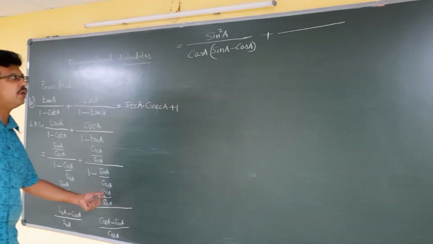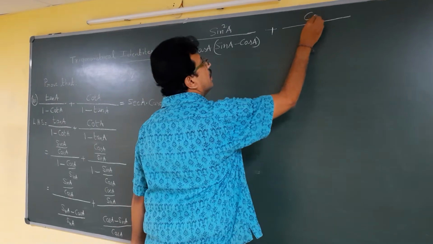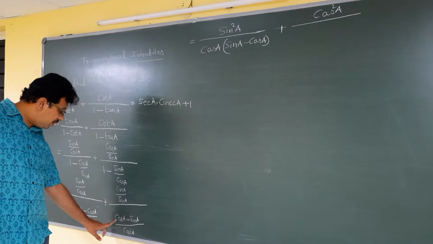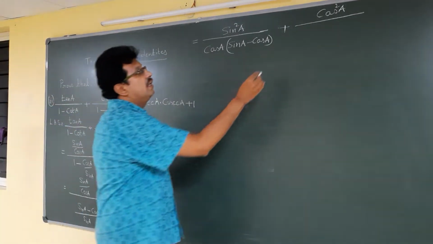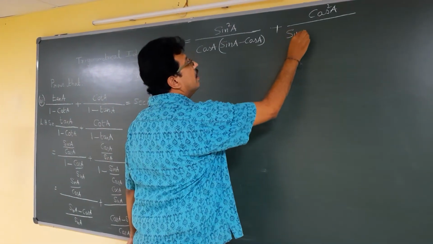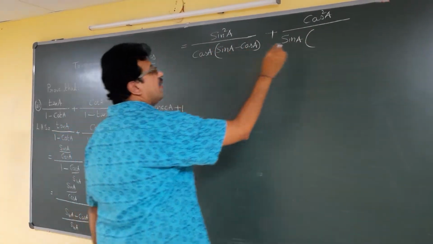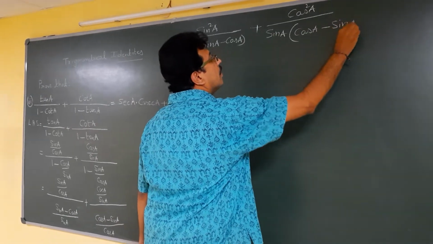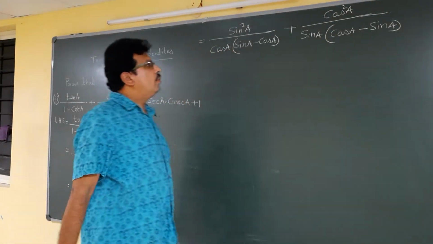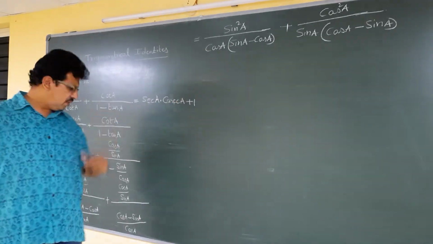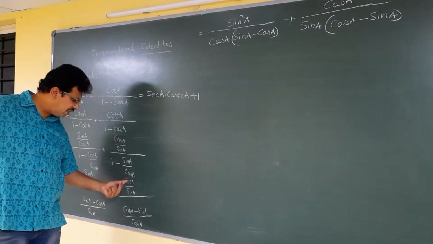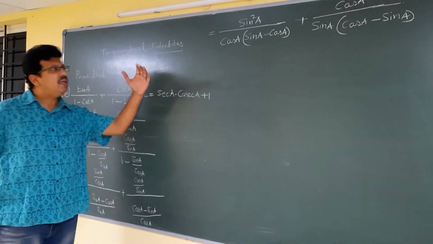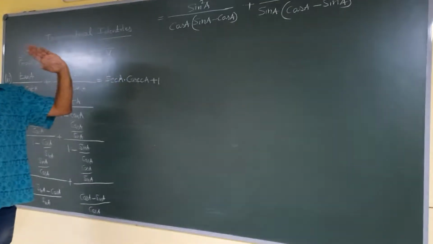Cos A into cos A becomes cos square A. And don't forget, the sin A will be there along with the cos A minus sin A, that is sin A into cos A minus sin A. So you have to be very careful while solving the sum. Be very careful while taking the reciprocal.